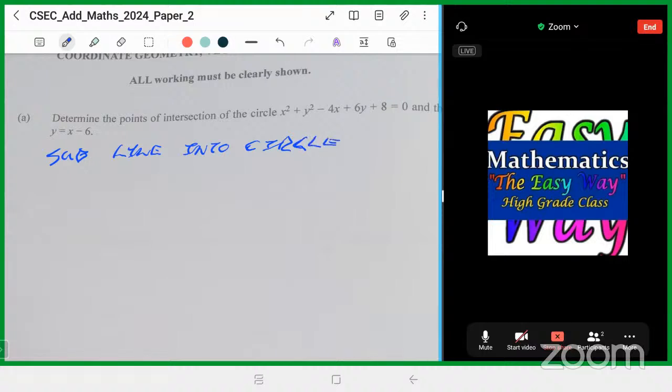All right, we're going to get x squared plus, where the y is, I'm putting the x minus 6 squared, that's here, minus 4x plus 6y now becomes 6 times x minus 6, plus 8 equals 0.